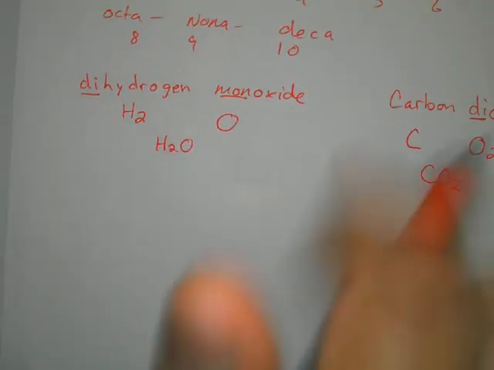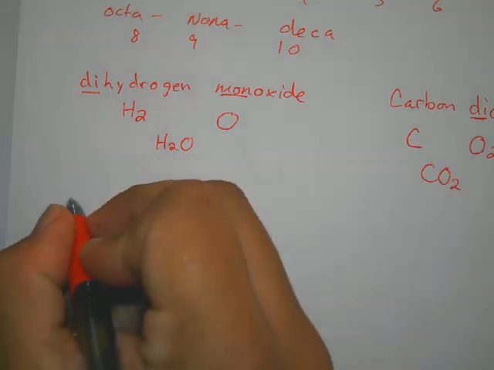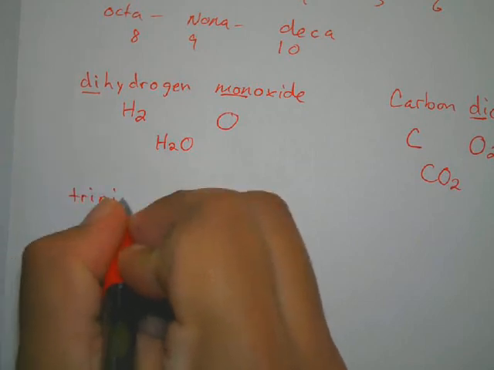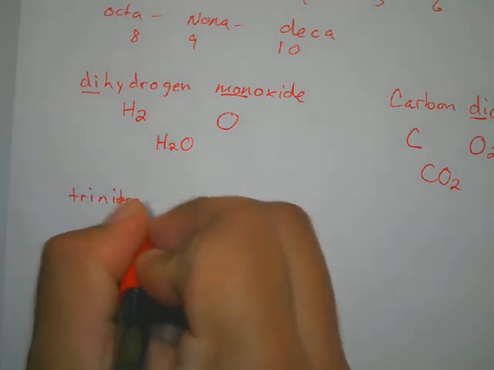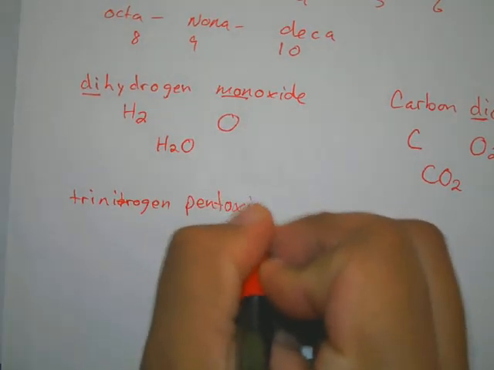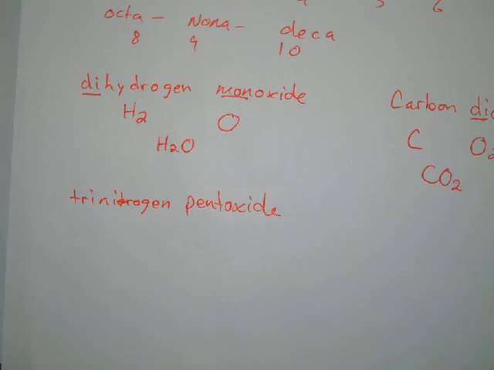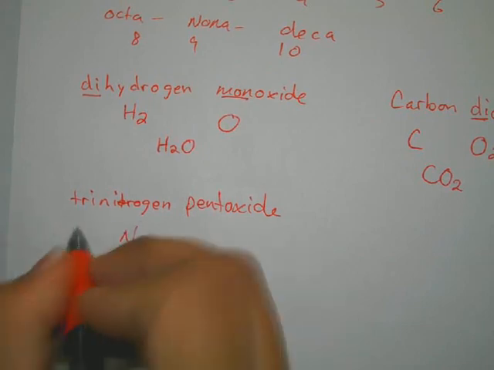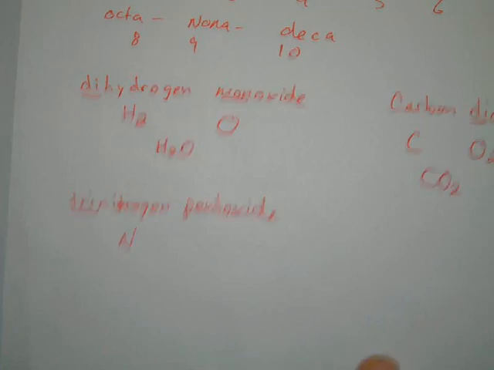Let's do one that's a little bit harder. Let's say I have trinitrogen pentoxide. Let's pull out the players. We got nitrogen, N. How many nitrogens do I got? We have tri going on here.